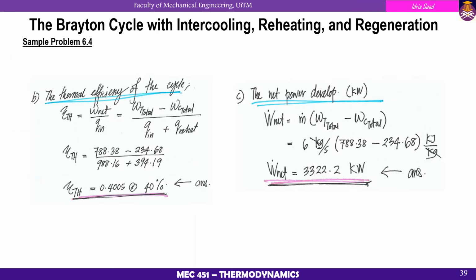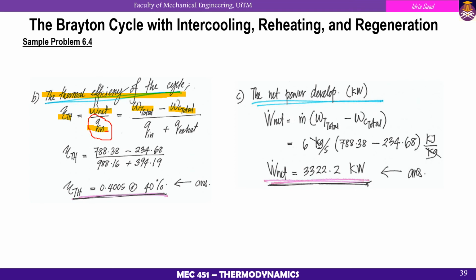Based on that, we can now calculate the thermal efficiency of the cycle. The thermal efficiency is work net divided by Q in, whereas work net is equal to the total work of both turbines minus the total work of both compressors, divided by Q in total.